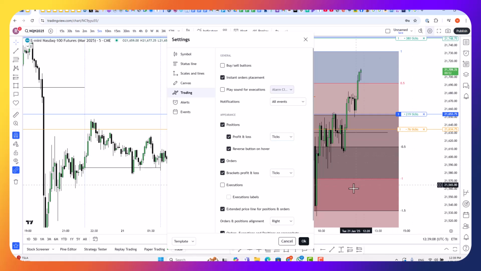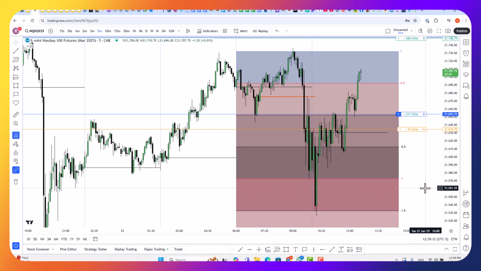Okay, so I'm already up 219 ticks using, I think this is second stage accumulation. So this is the low risk buy right here inside of the order block. And once price breaks above this high, we can buy again, targeting this high up here.